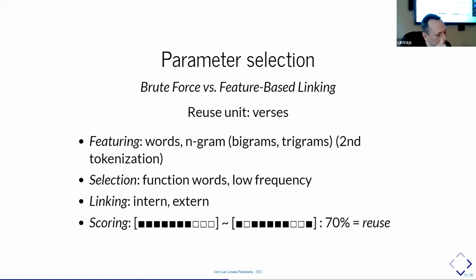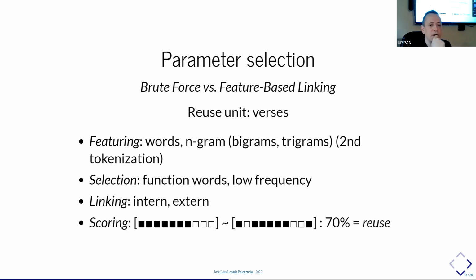Now from here follows a list of decisions, for example, whether to eliminate function words or not. You know that they have a high frequency, so they appear a lot, so you have to decide that. Or you can eliminate features that appear rarely or only once, because it doesn't make sense to put them in the comparison.